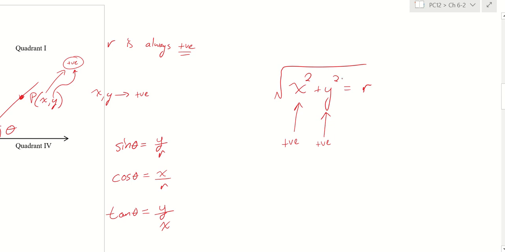In the very uninteresting trivial case, if your point P is at the origin, then x and y are 0, but that's sort of an outlier. Outside of those specific cases, if we have a sum of two positive numbers and we take its square root, it's still going to be positive. So r is always going to be positive.